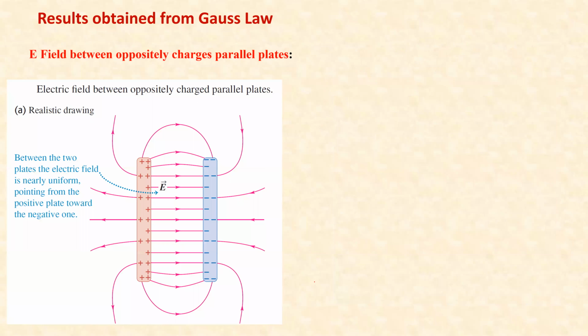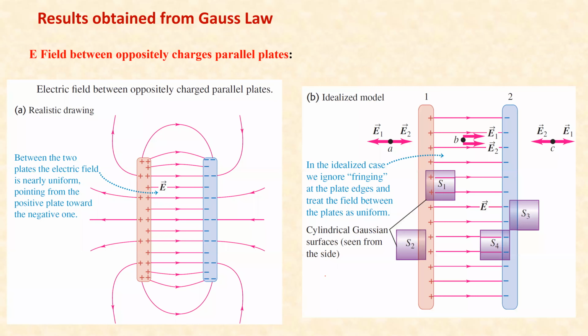All right. E field between oppositely charged parallel plates. If you have two parallel plates, one positively charged and one negatively charged, with the same magnitude of charge, and the plates are very close to each other, you can idealize it and say that the electric field of each one is like that of an infinite plane, which is the case, for example, inside the capacitors that we're going to talk about later.